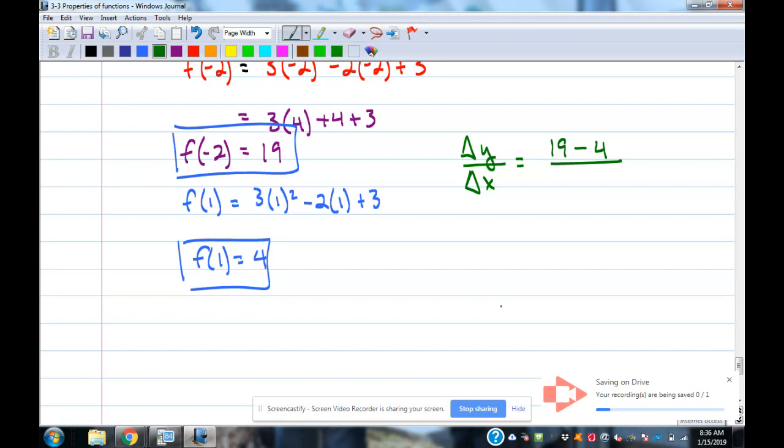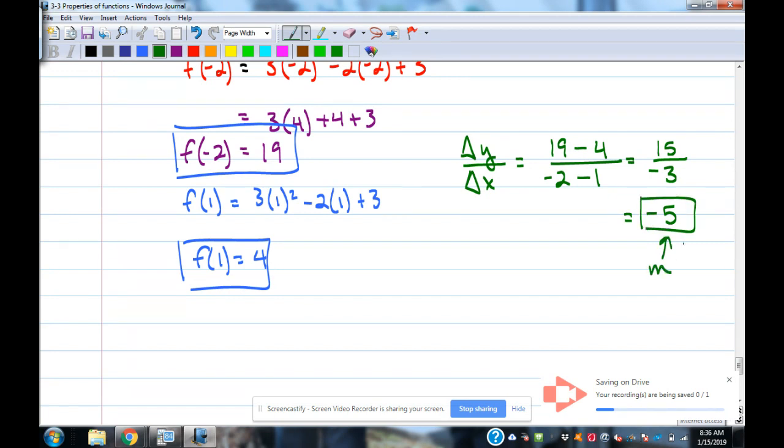So we don't want to do that. So if I started with 19, that means I got to start with -2 minus 1. So that's going to be 15 over -3, which gives us a slope or average rate of change of -5.